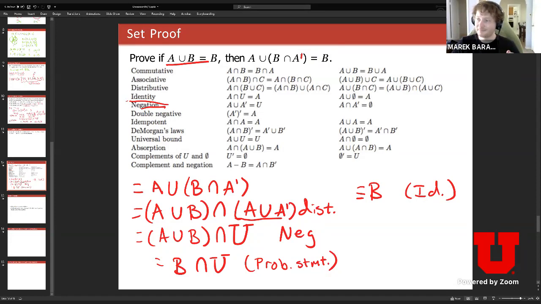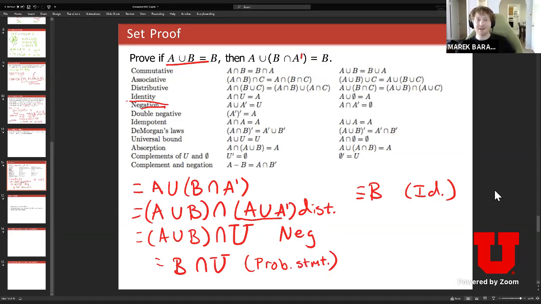I've got a quick question on that one. If A union B is equal to B, does that just mean that A is B? Could it be rewritten as just A is B then? A could just be a subset of B, right?